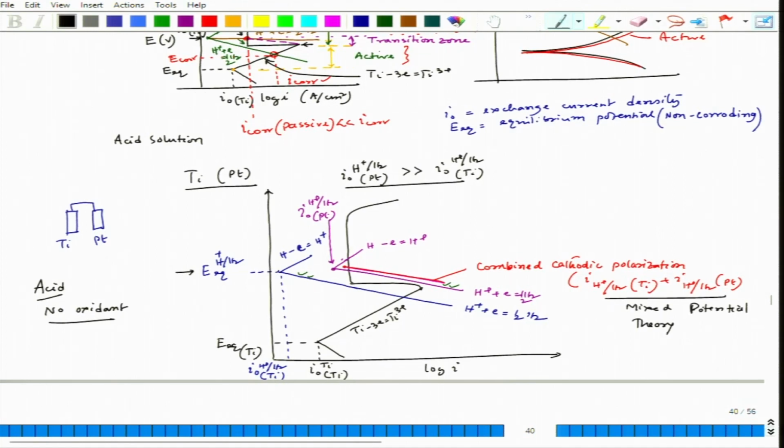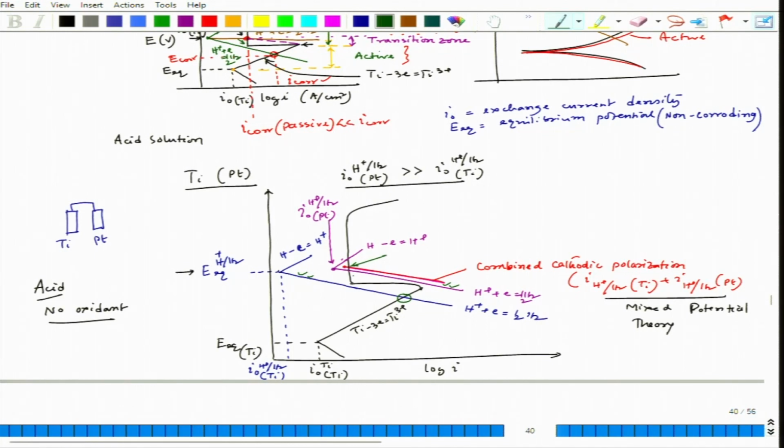Okay. So, now we see that the junction point where this cathodic line cuts the anodic portion of titanium is at this location. Previously it was cutting here, now it is cutting as shown by the green arrow.